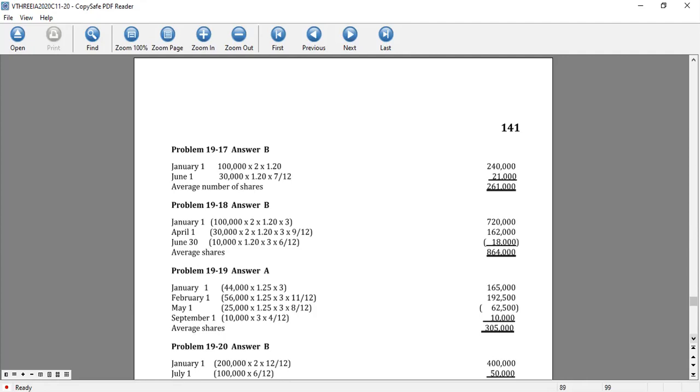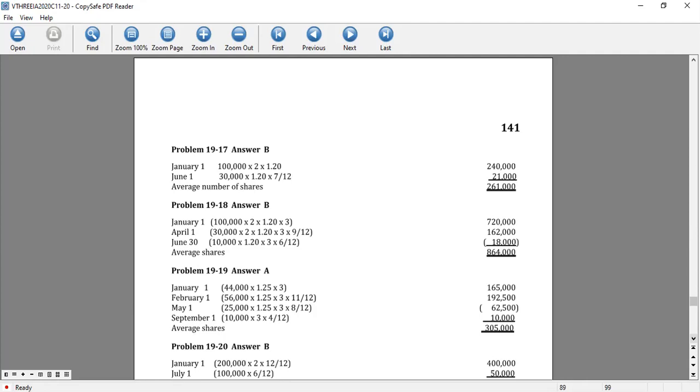And since this is a treasury stock purchase, we have to deduct. So we have 720,000 plus 162,000 minus 18,000. The average shares is 864,000.